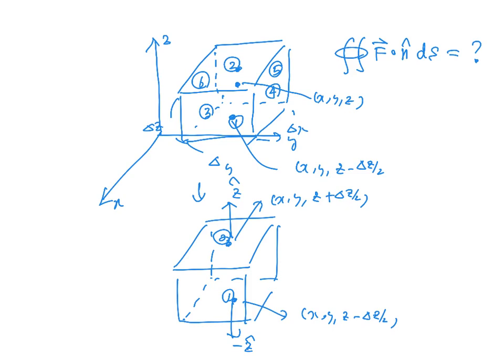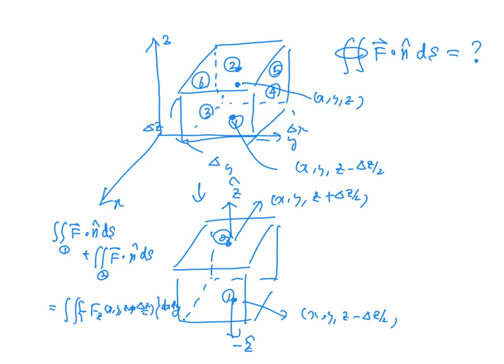So the integral of F dot dS is basically, for 1, this is minus Fz(X, Y, Z minus delta Z over 2) dx dy, plus, for 2, Fz(X, Y, Z plus delta Z over 2) dx dy.